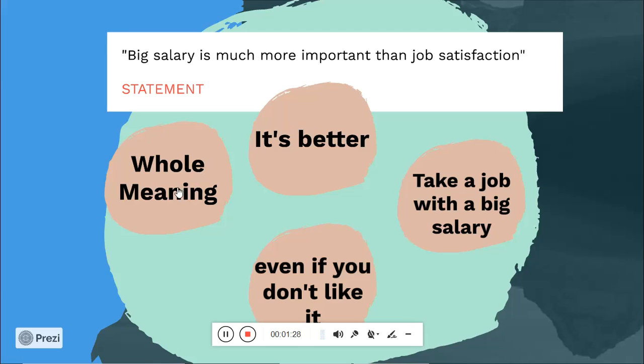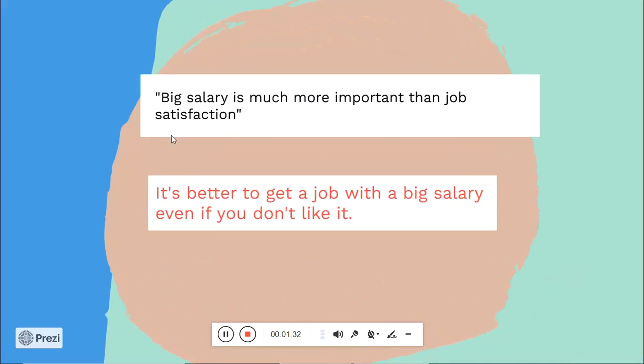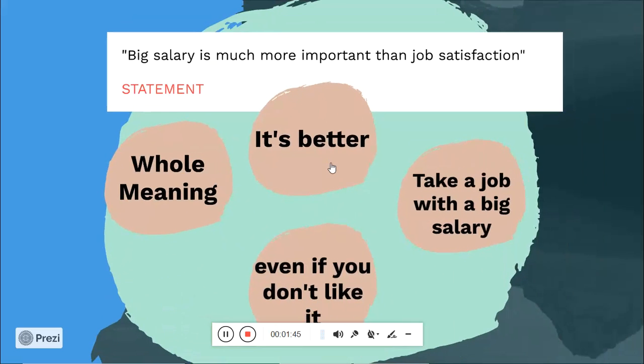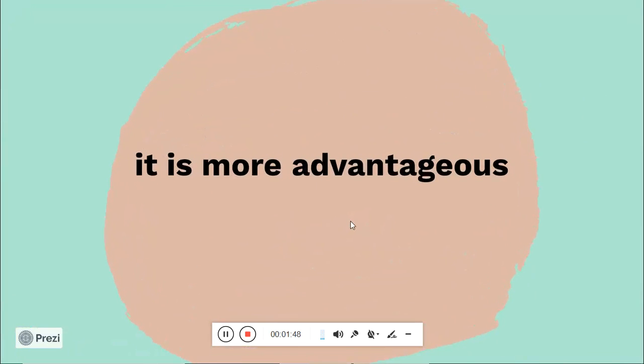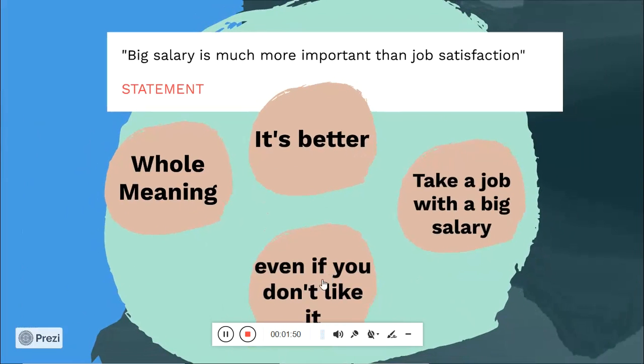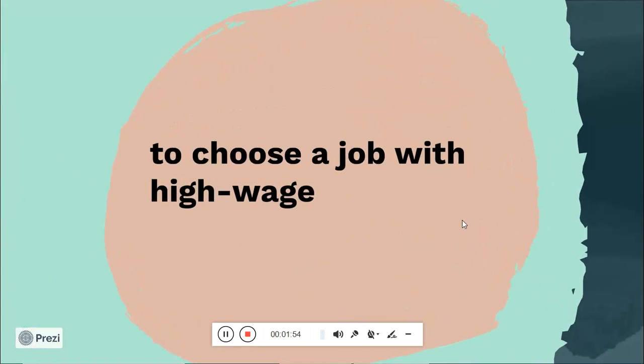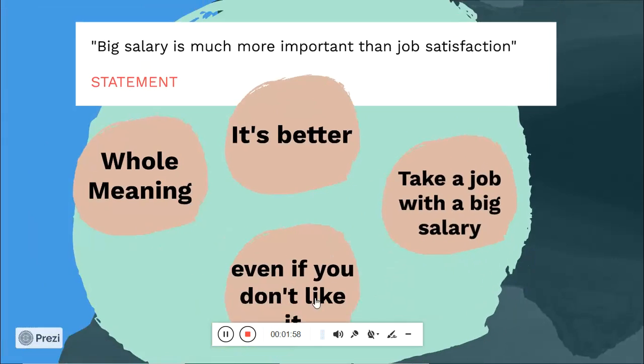Let's get the whole meaning first. Big salary is much more important than job satisfaction. It means it's better to get a job with a big salary, even if you don't like it. It's better means it's more advantageous. Take a job with a big salary means to choose a job with a high wage.